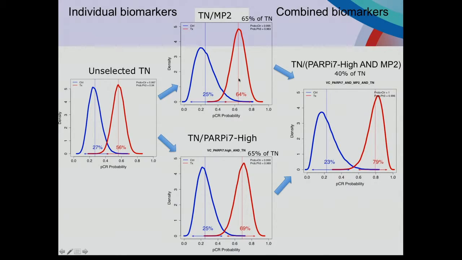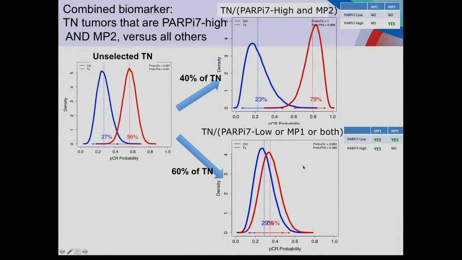If you take the very high proliferating tumors, you increase it to 64%. And if you combine it, you increase it to 79%. So what we effectively have done is that, again, back to this unselected group, if you take the 40% of this group that have both markers, we can predict almost 80% response rate, which is really, really high, whereas in the other 60%, there's hardly any response.